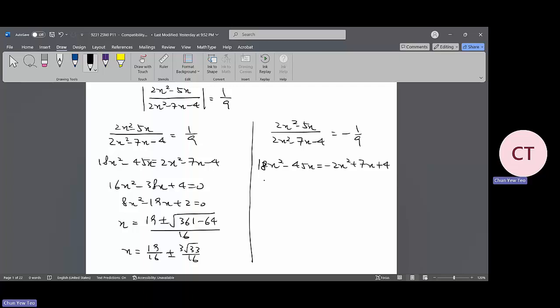So you simplify it, you get 20x squared minus 52x minus 4 equal to 0. Can divide everyone by 4. So you get 5x squared minus 13x minus 1.